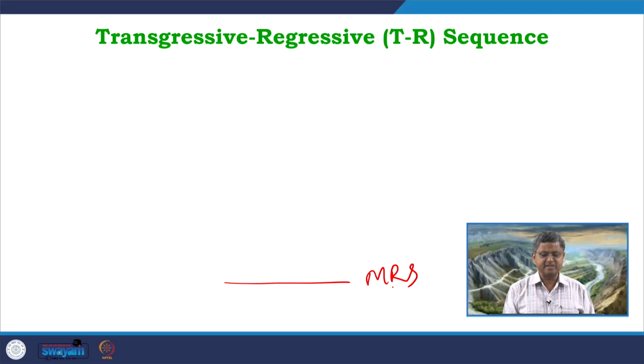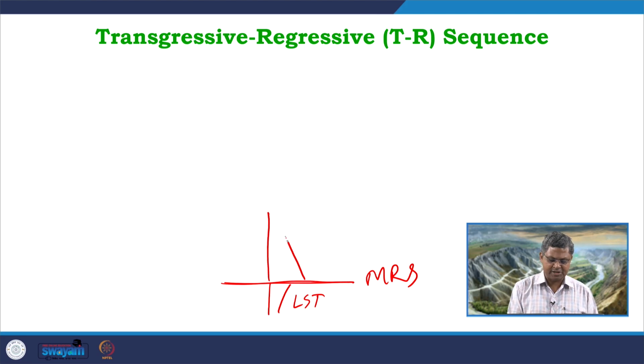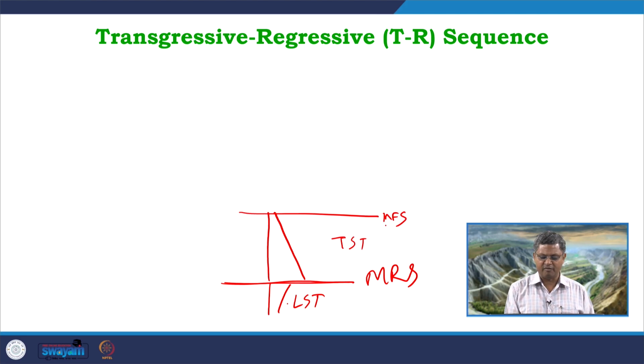So, in case of a transgressive regressive package, what can we ideally expect? We can start with a maximum regressive surface. Below that we get the LST package. On this LST, the regression ends, and from here we get the start of the transgression, which is a fining up package. So, this is the TST package, which will definitely be marked by MFS.